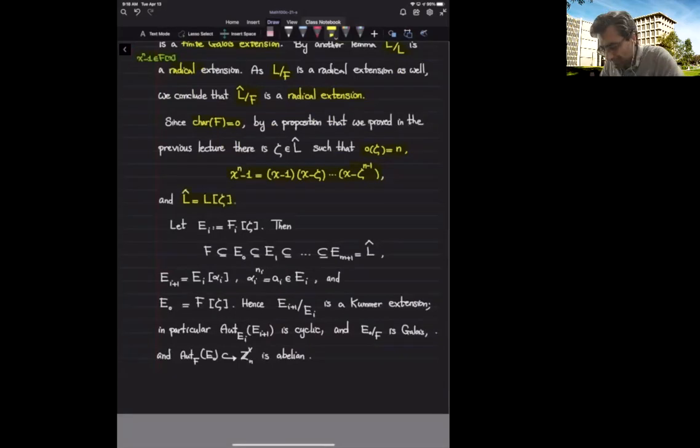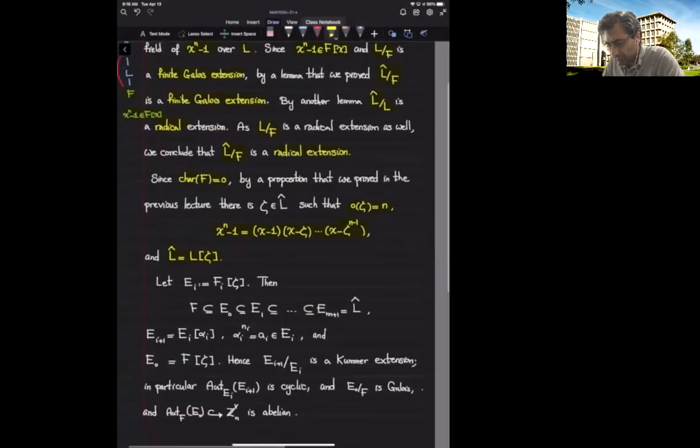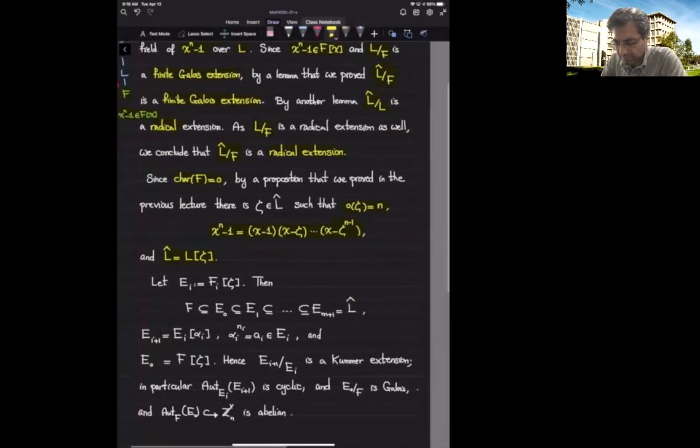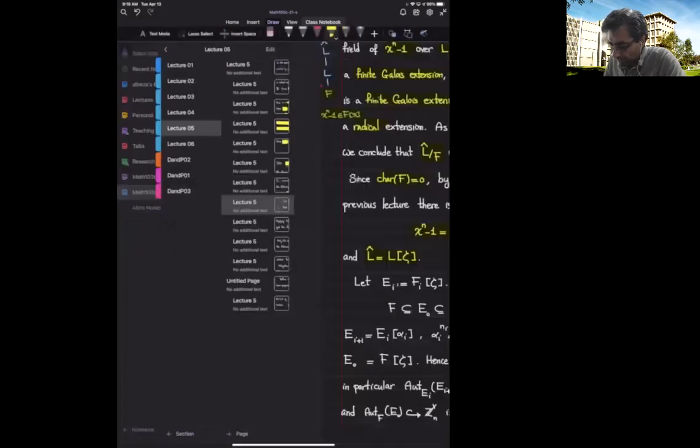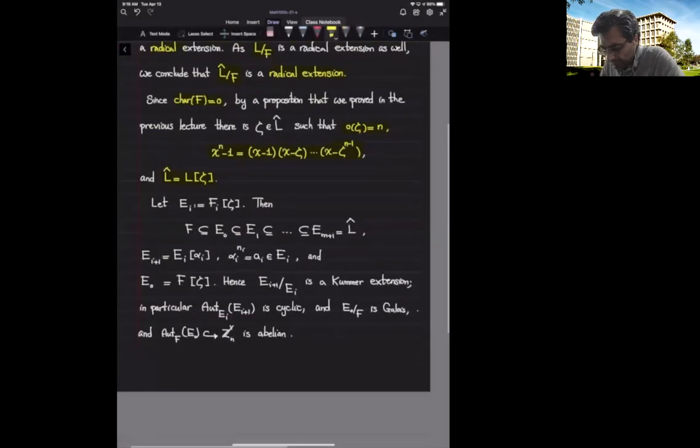Now we take the zeta and add it to the intermediate fields that we had earlier. So these fields that come out of here, because it's a radical extension, now we add this zeta to these fields and call them E sub i's.